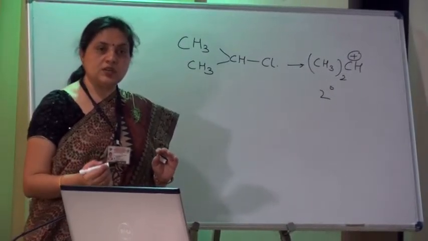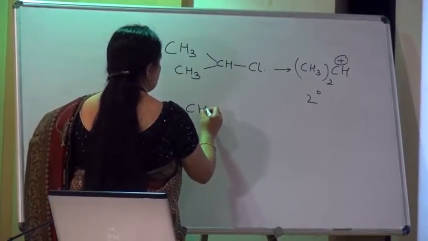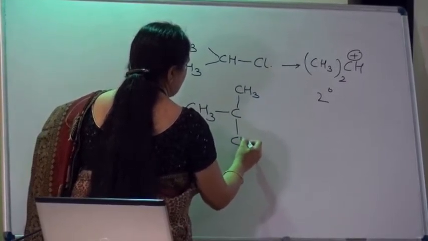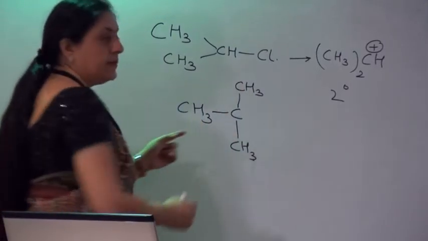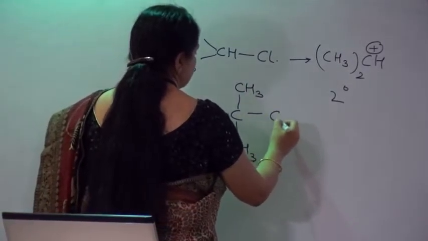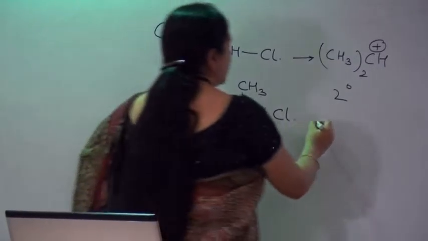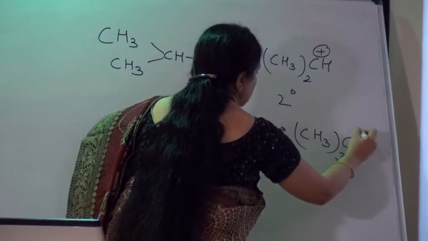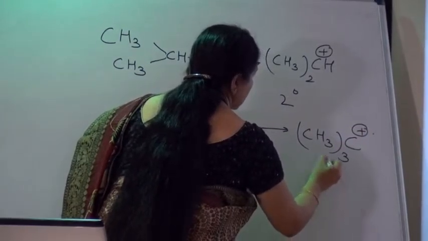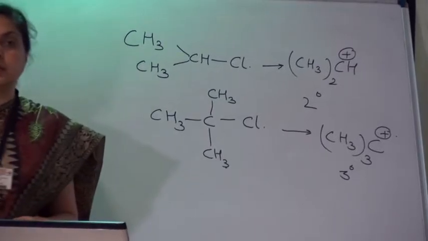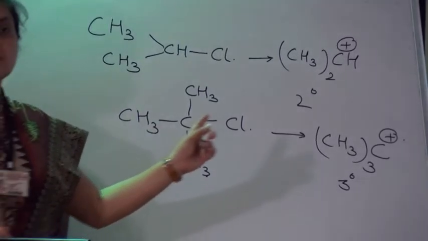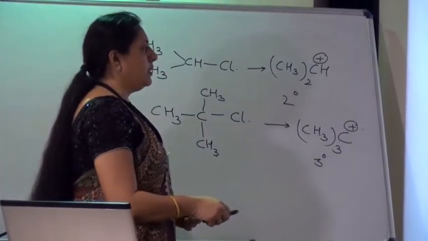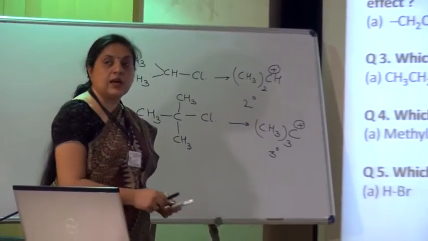Butyl means 4 carbon atoms, and already 4 carbon atoms are there. From here you are going to get a carbonium ion, and this is your 3 degree carbon. Is it clear now? So in this case, the least stable is going to be your methyl group. Methyl will be the least stable carbocation.